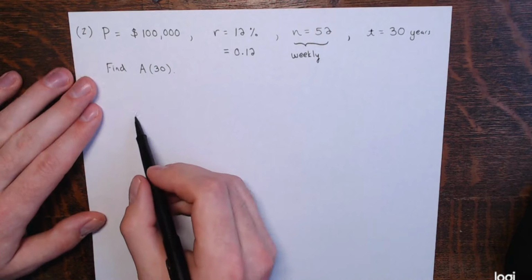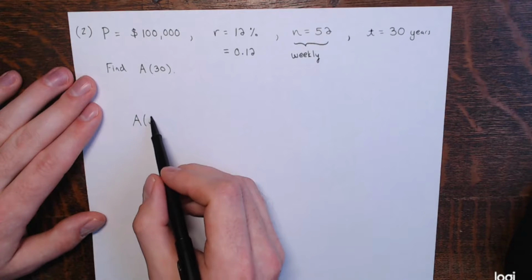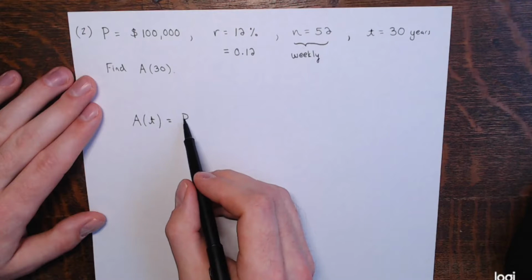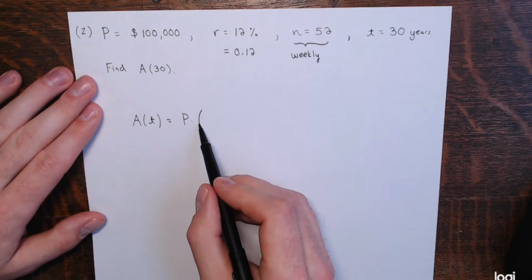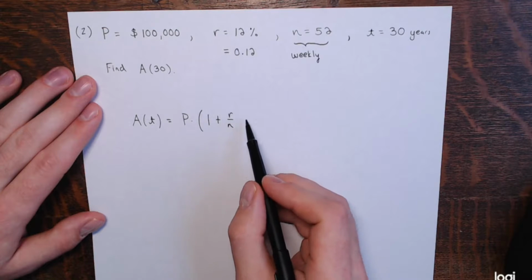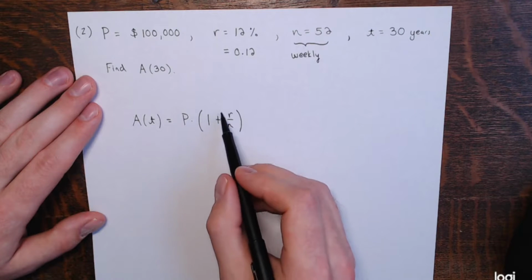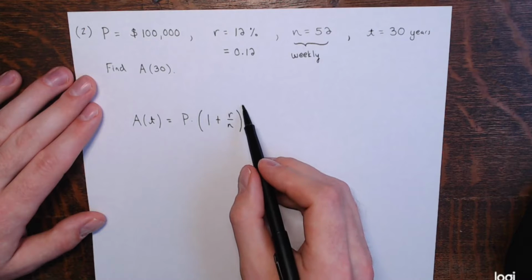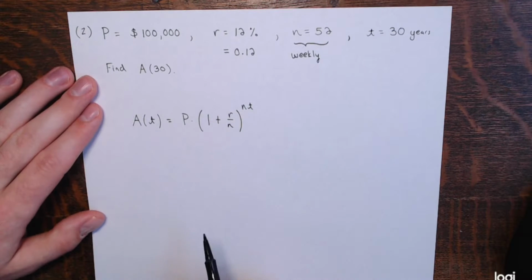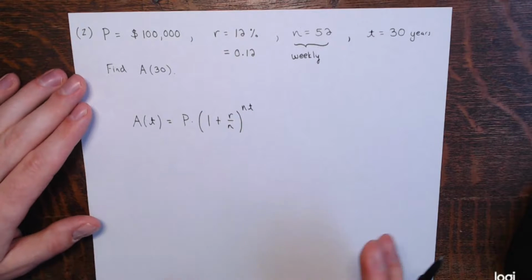The amount, and again, here's the formula once more. I'll write it up for most of these problems. Principal times the quantity 1 plus interest rate divided by number of compound periods. That's the base, and then the exponent is the total number of compound periods, n times t, for the entire time.